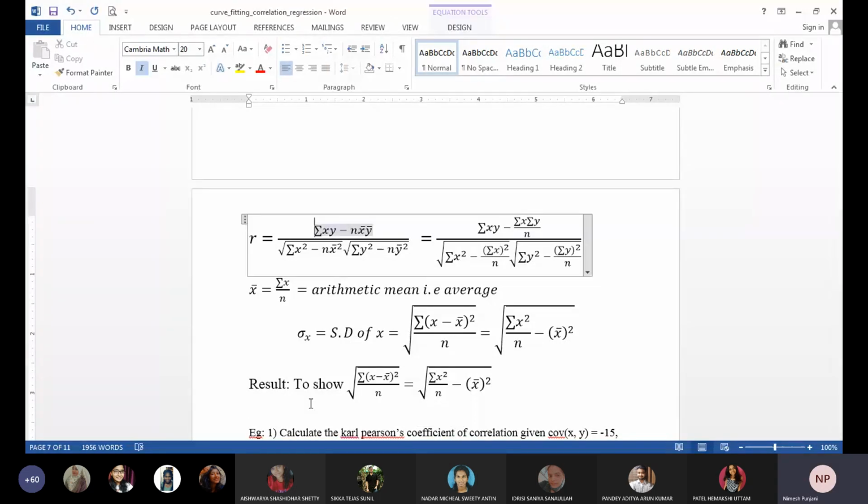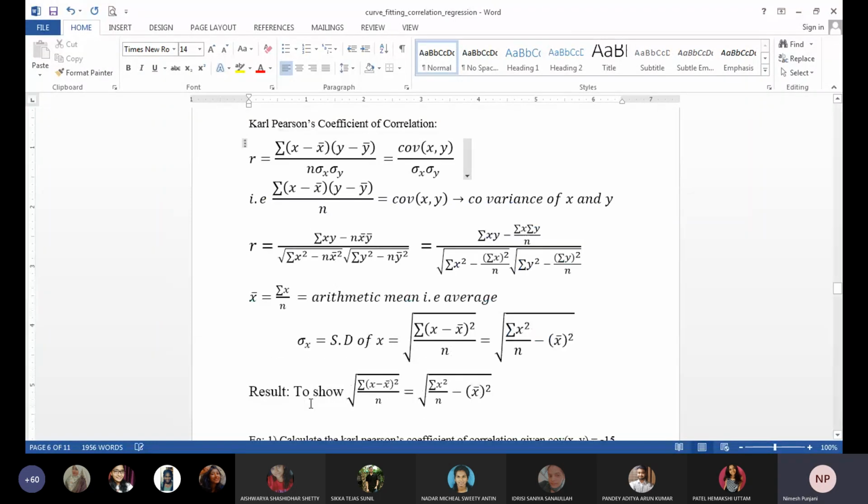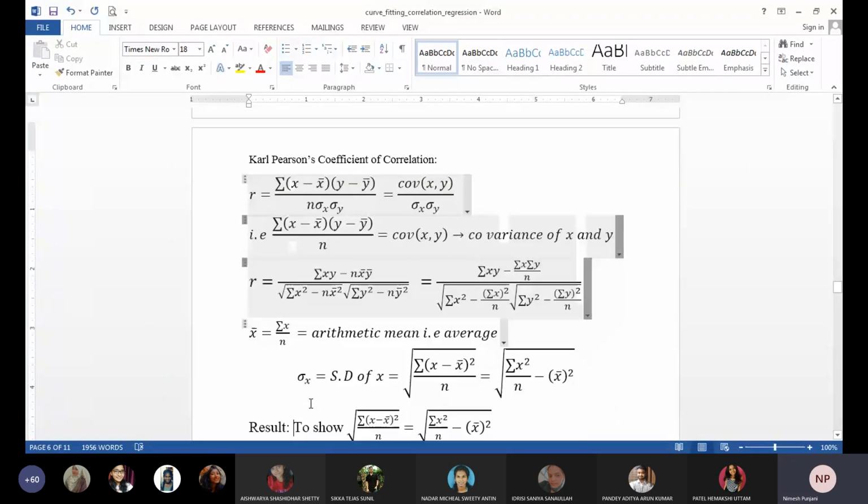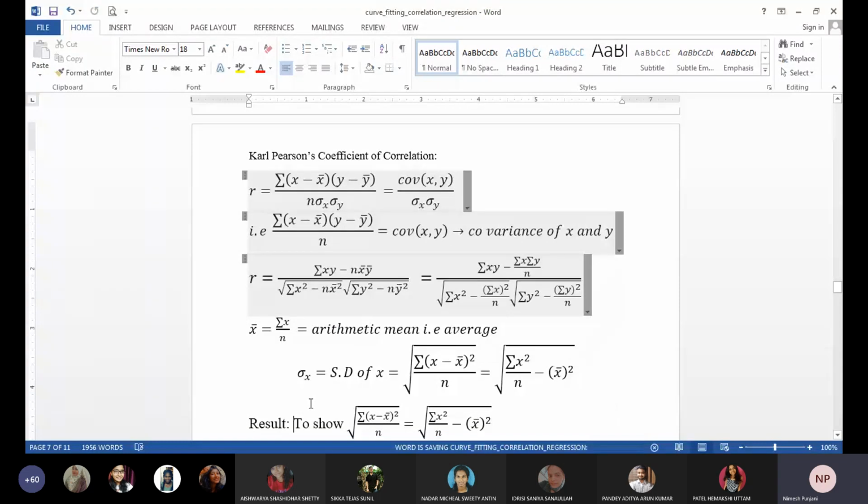I'll just take it on the next page, so you can take the screenshot of that full page. So coefficient of correlation, Karl Pearson's coefficient of correlation, that is your small r. These are the three formulas which you have to remember. No other option.